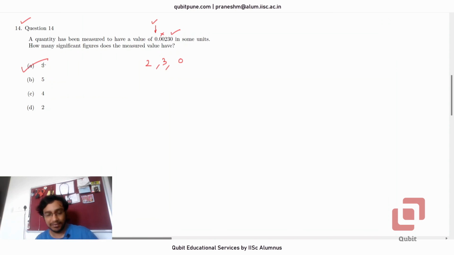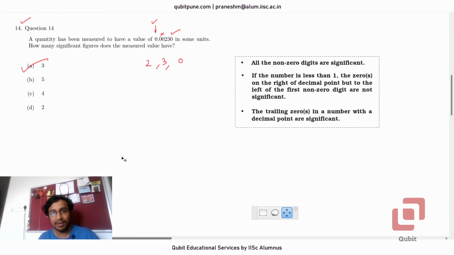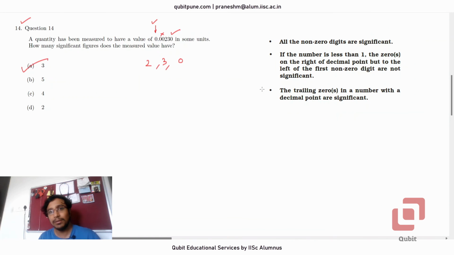Now for your reference, here is what the NCERT book says, Chapter 2, 11th physics. All the non-zero digits are significant, so 2 and 3. If the number is less than 1, which is our case, the zeros on the right of the decimal point but to the left of the first non-zero digit are not significant.